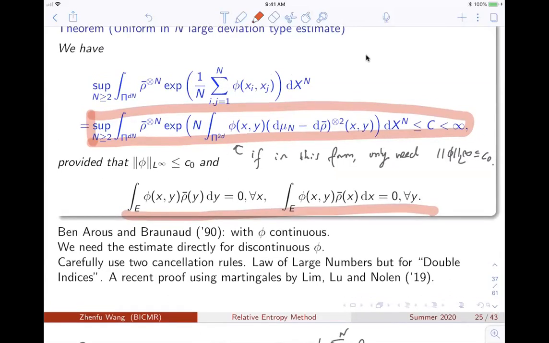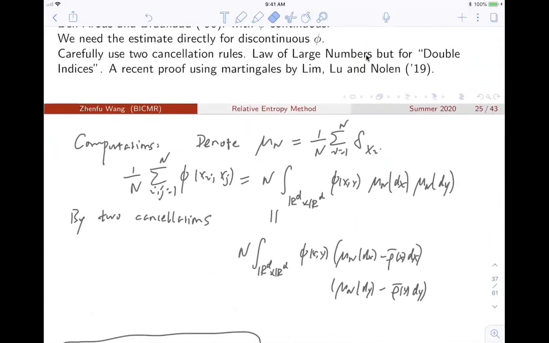So if phi is bounded and less than some critical value C0, then the crucial term we need is uniformly bounded in n. Since phi has these two cancellation properties, this is another way of writing the sum.